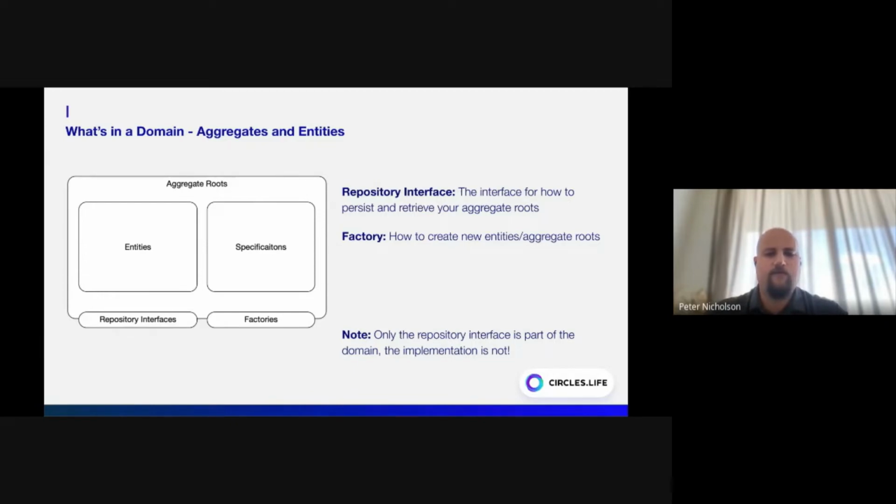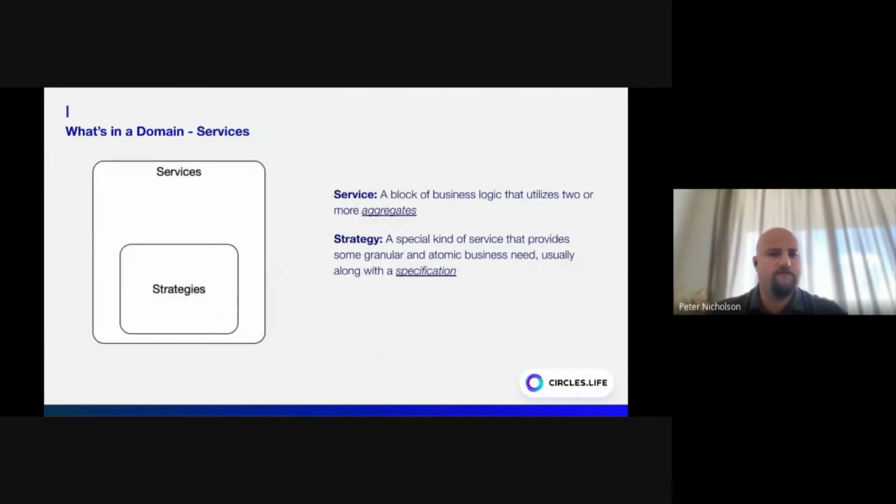With that, we can move over to the services. A service is a block of business logic that utilizes two or more aggregates, where a strategy is a special kind of service that provides some granular and atomic business need, usually along with a specification.